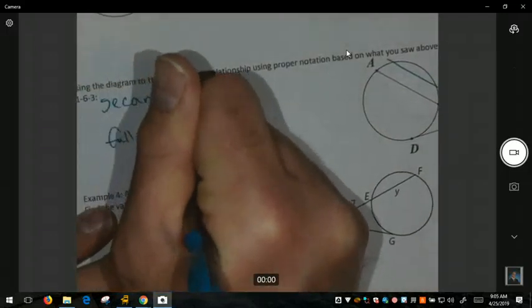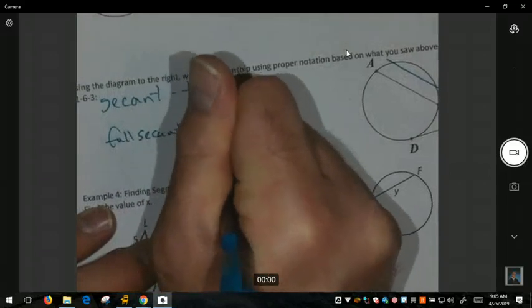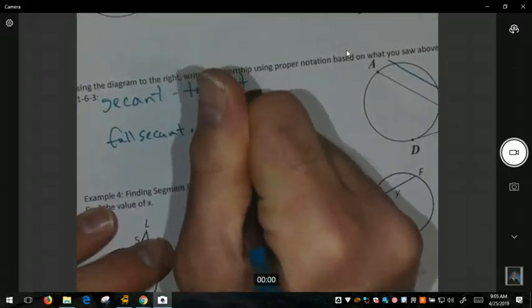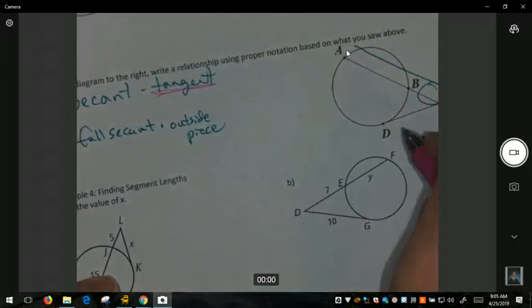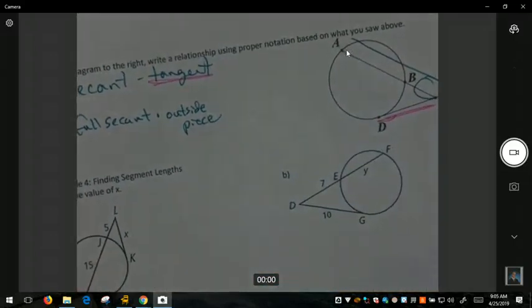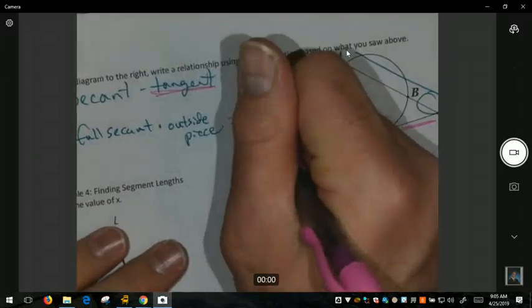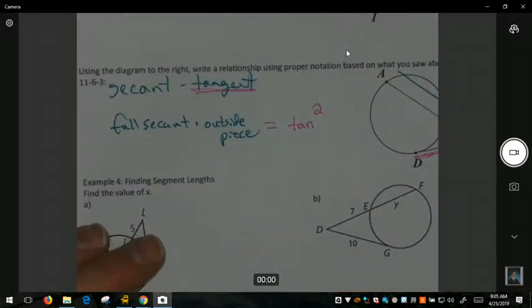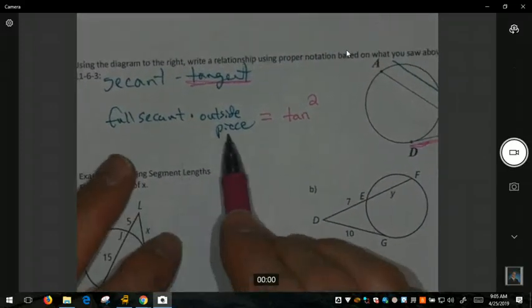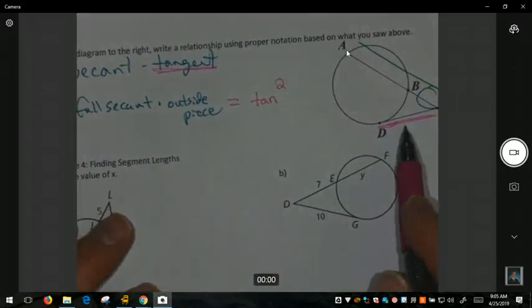Full secant times outside piece of the secant. But for the tangent, I only have one piece. So I have to square it. Equals the tangent squared. The secant, full secant times outside piece, just like before, but here it equals the tangent squared.